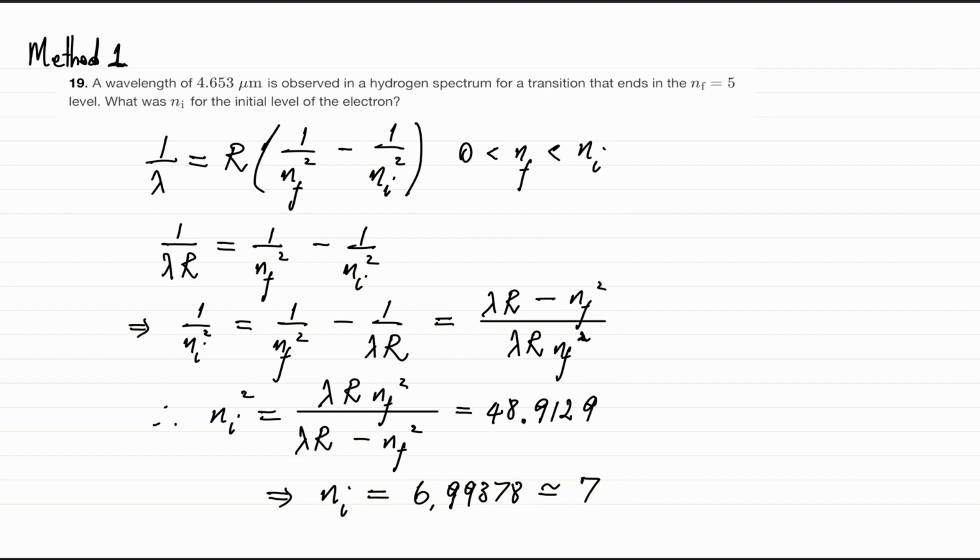This equation was developed from purely experimental data. It's basically an empirical relationship between the transitions between energy levels and the related wavelength.